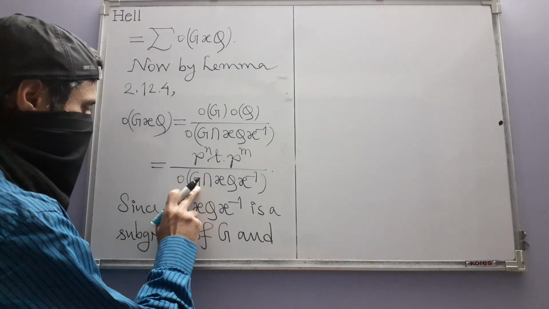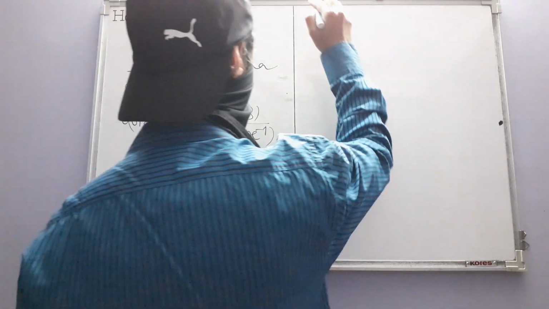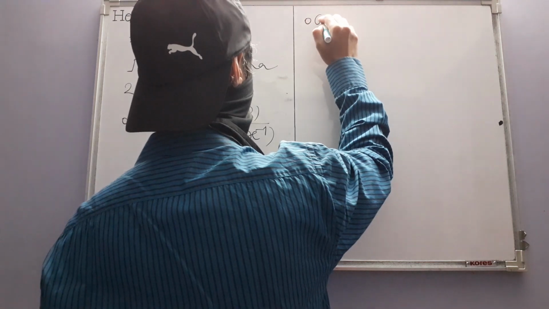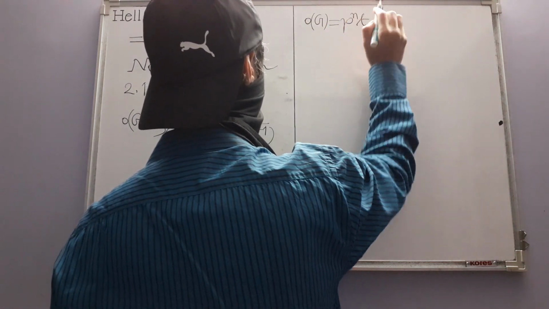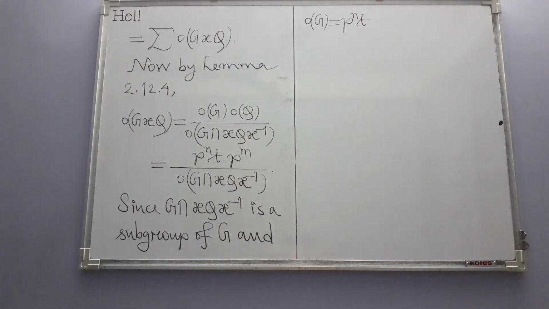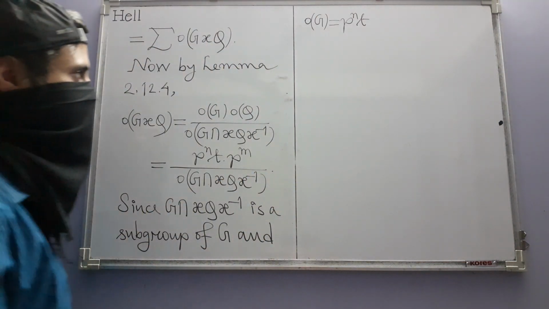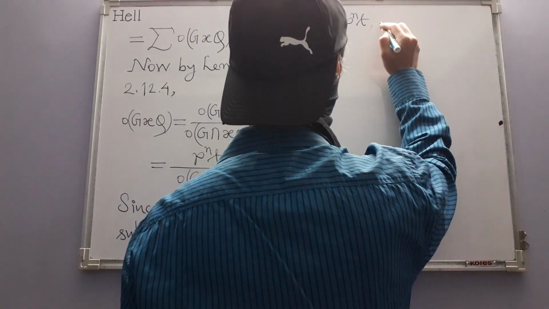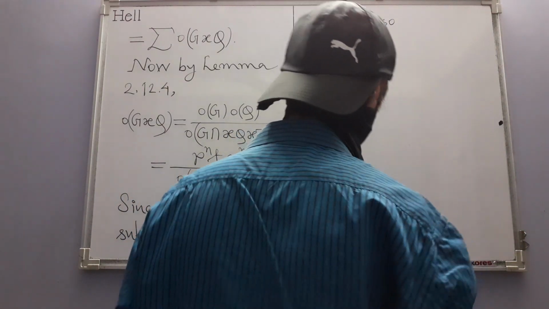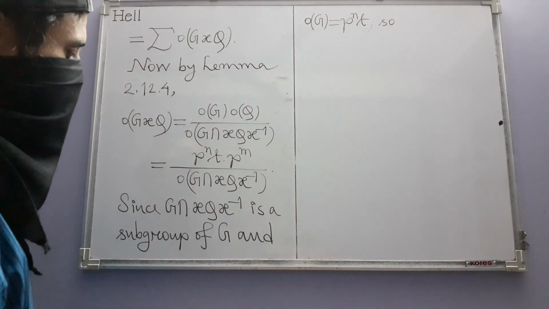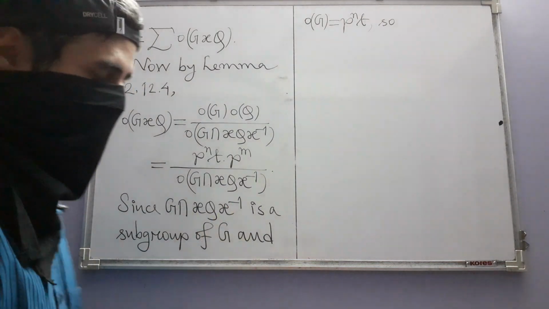It's at the same time a subgroup of G, and the order of G is this. So no, this again is confusing. I think I was right the first time.